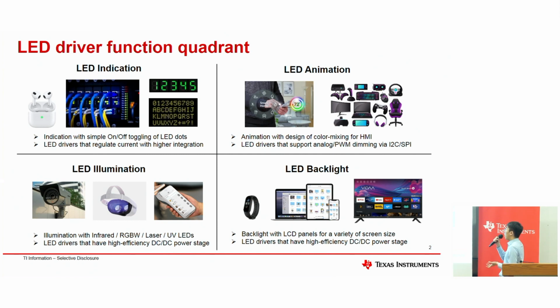From a data point of view, the RGB LED drivers are about 30% digital and 70% analog. We have the digital interfaces to communicate with the MCU, and you can send the data of the brightness and the color mixing to toggle the LED driver and make it do the animation per your requirement.